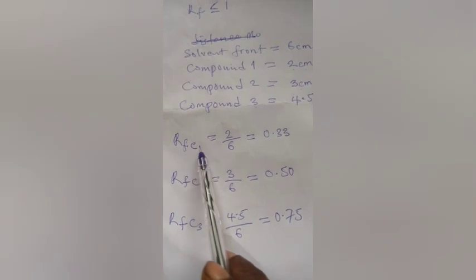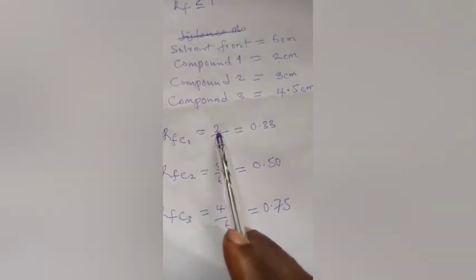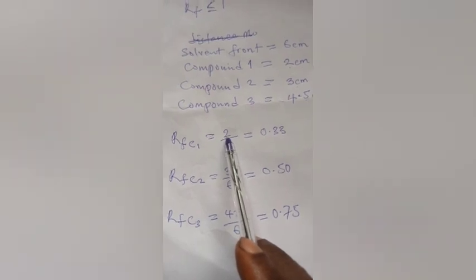Now RF value of compound 1, distance moved by the compound is 2 cm. Now remember, RF value is calculated to be equals to distance moved by compound all over distance moved by solvent, which is the solvent front.